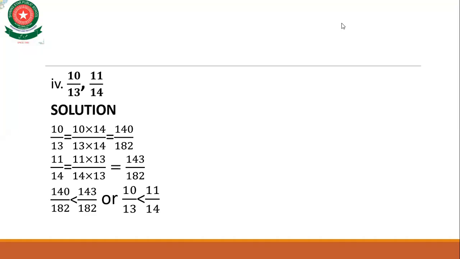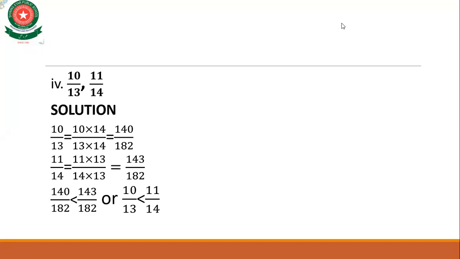Now we have to compare both the answers, 140 by 182 and 143 by 182. As the denominators of both values are the same, we have to check the numerators, and we know 140 is less than 143, so we put a sign less than between 140 by 182 and 143 by 182.